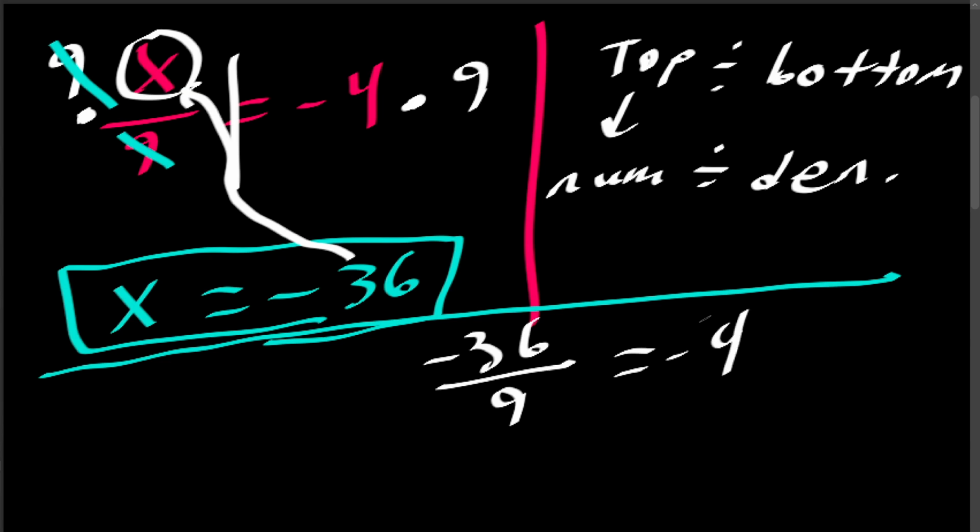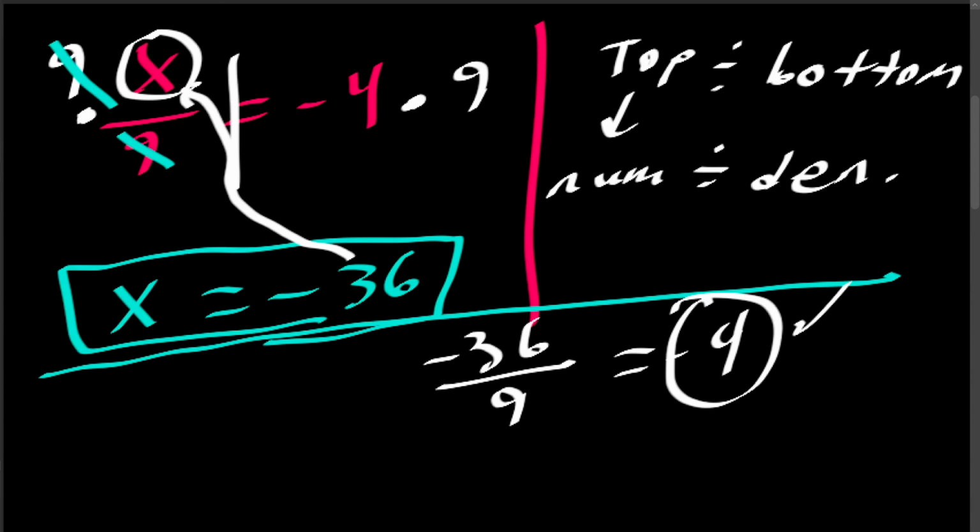So is that true? Well, what's -36 divided by 9? It's -4. So that's true. So if you want to check your answers, it's very simple. Just plug in the value and replace the variable with that value, and then make sure your problem still ends up being the same. Or you need the equation to be true once you do that.